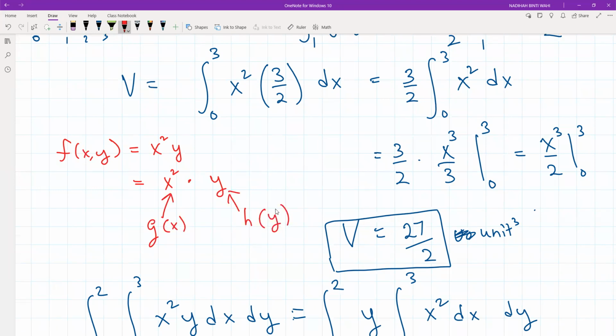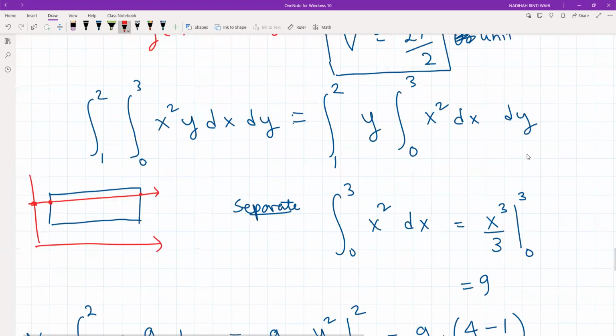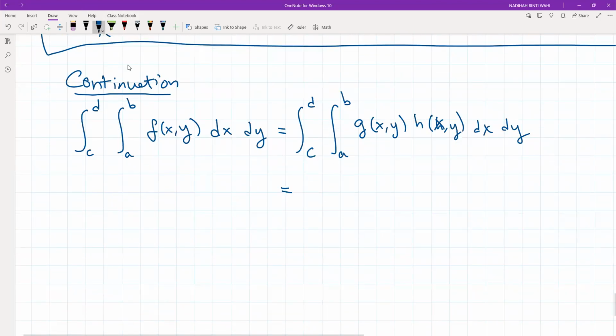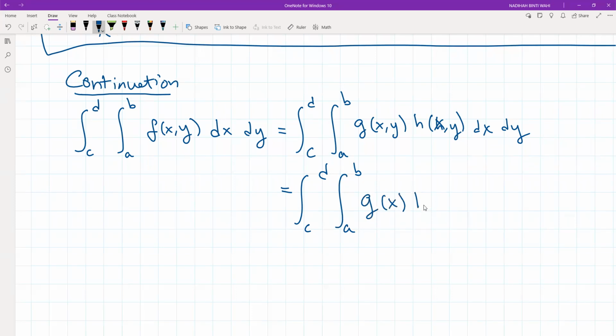Okay, the same example. So if I put it into this form, I will get C to D, A to B, g of x and then h of y, dx dy.